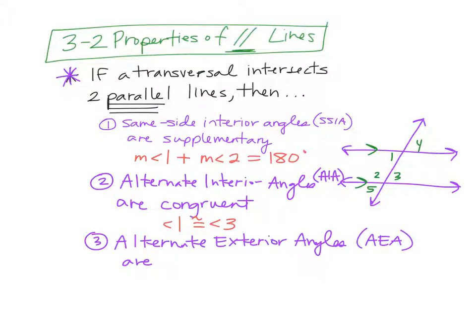What do you suppose is true of them? Not supplementary. Those are congruent, right? Those are the same size, 4 and 5. So this one's going to be congruent as well. So we would say that angle 4 is congruent to angle 5. Those are alternate exterior angles. Okay.